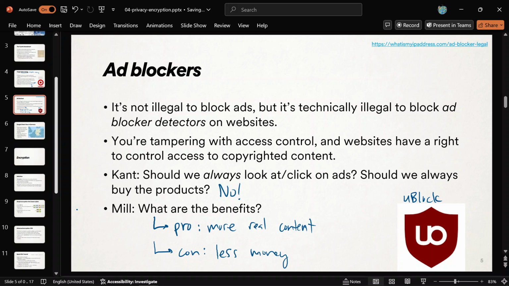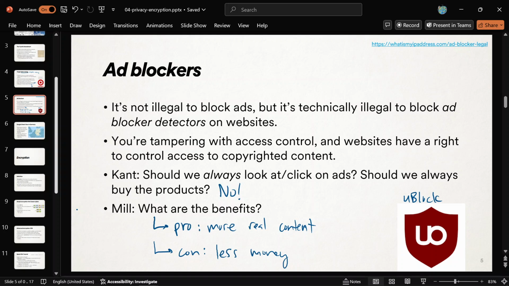So just by not being able to see it, you'll never click on it. The websites make a huge amount less money by you blocking ads. For smaller websites, if that's their only source of revenue, you're going to bankrupt them maybe. And this website that you loved is now going out of business. So that's the con side to that.